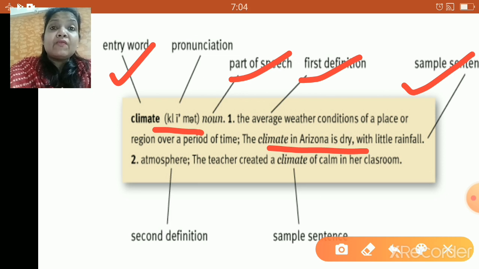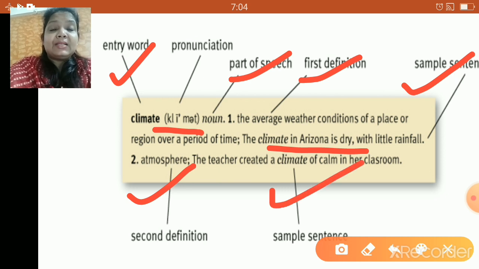Now, they have given one more definition of this word, and the definition is atmosphere. So, climate also means atmosphere. Now, let us frame a sentence. The teacher created a climate of calm in her classroom. So, this is another sample sentence.